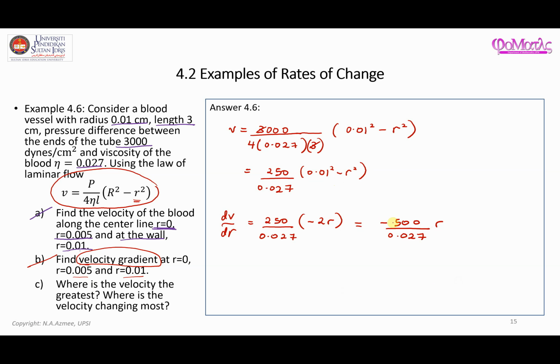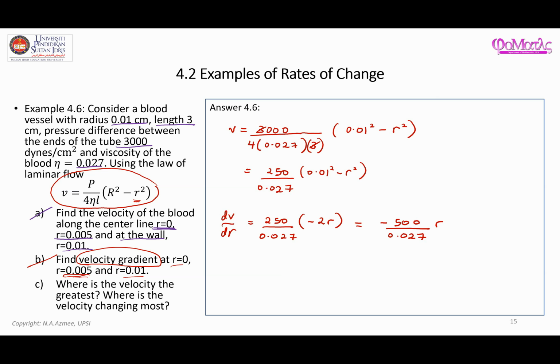Now the fact that we get a negative sign here, it means that the velocity will be decreasing as the radius changes, and based on the result that you got here, we can find the velocity gradient at r equals to 0, r equals to 0.005, and r equals to 0.01.